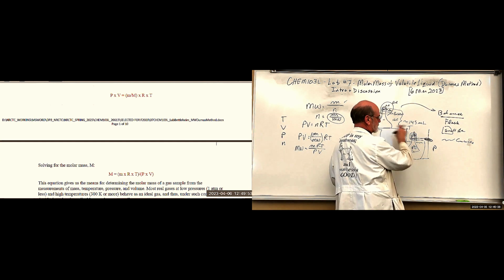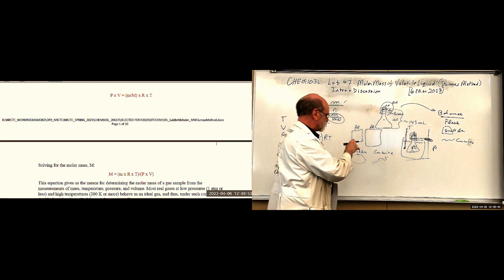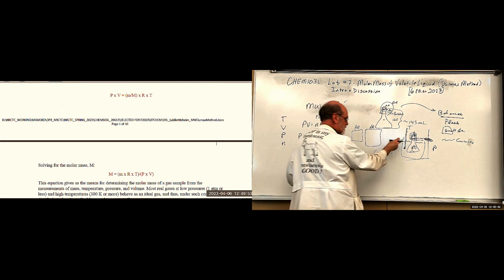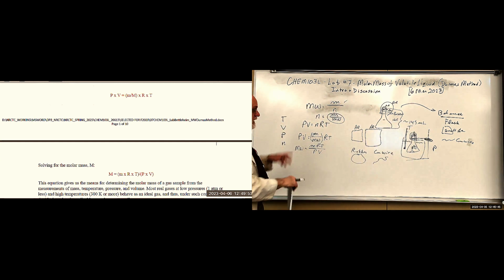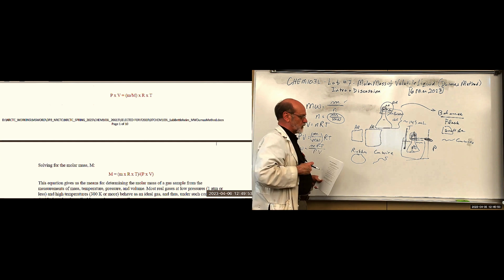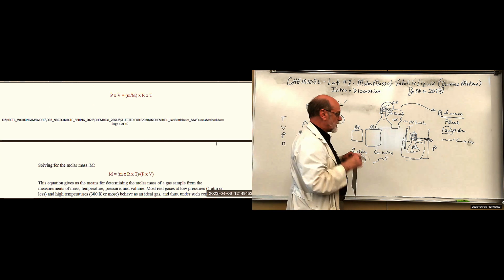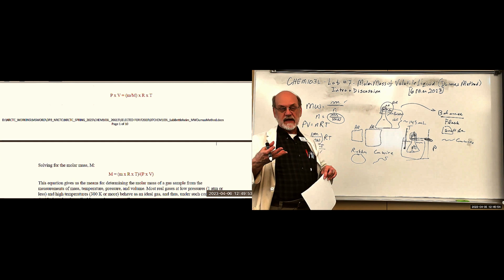Okay, so you're going to weigh it before, weigh it after, get the difference for your mass. And you're going to need the temperature, you're going to need the barometric pressure, and you're going to need the volume. So how do you get the volume of this flask? Well, there are two methods, and take your pick.